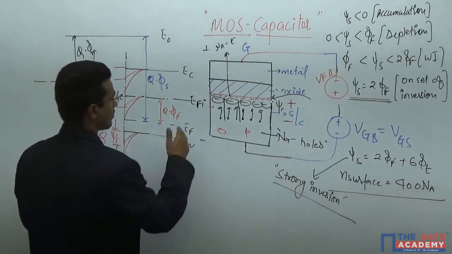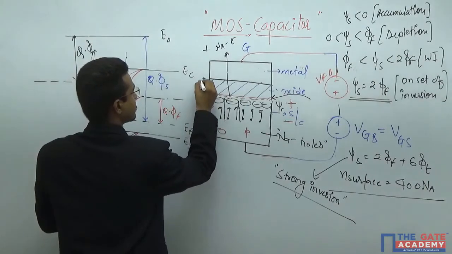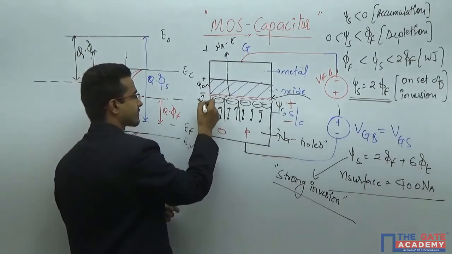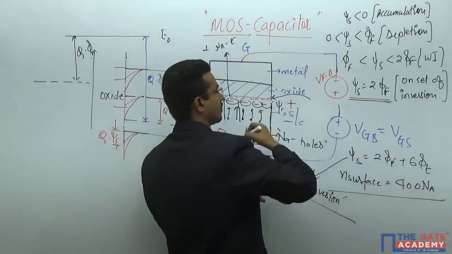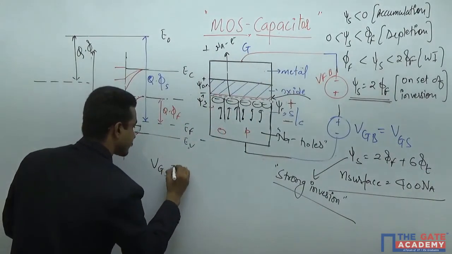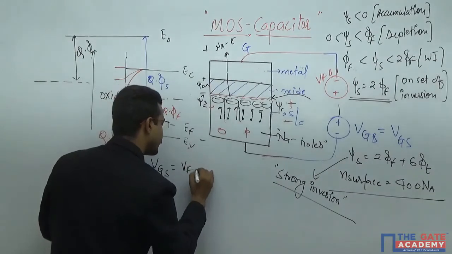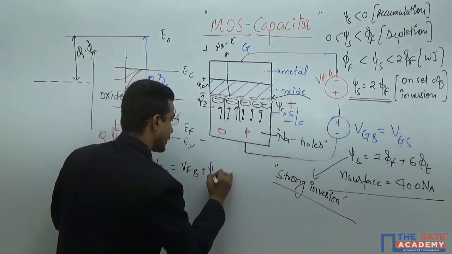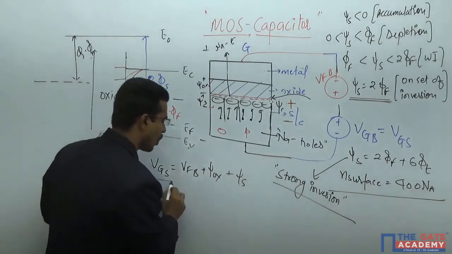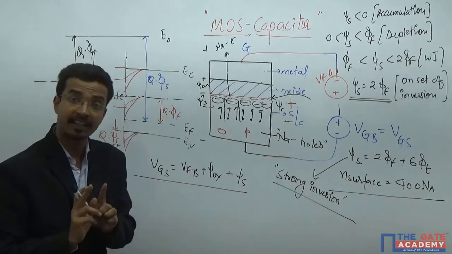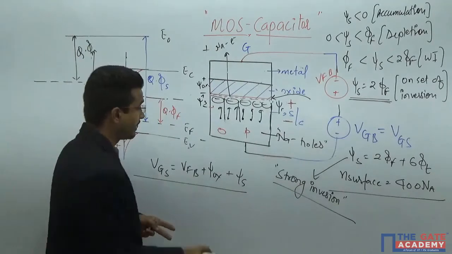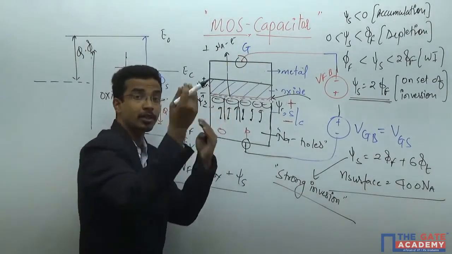So, here the value is psi OX, the voltage across the oxide, and the voltage across this is psi S. So the total, whenever you write it down from here, you will get VGS equals VFB plus psi OX plus psi S. I have taken all the voltage drops, and again I have taken one assumption. There is not any potential difference between this contact and this contact. This assumption you have to assume.